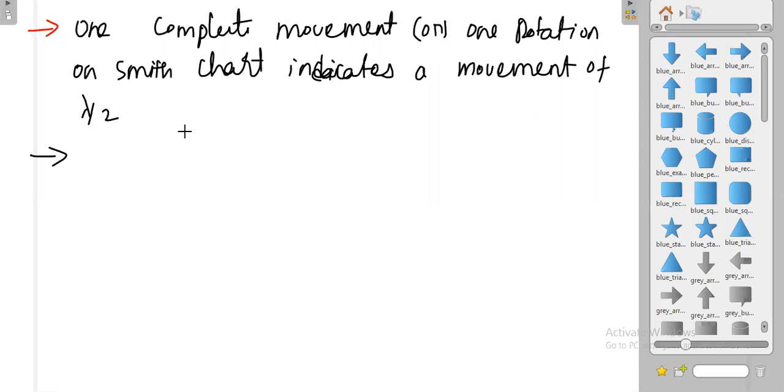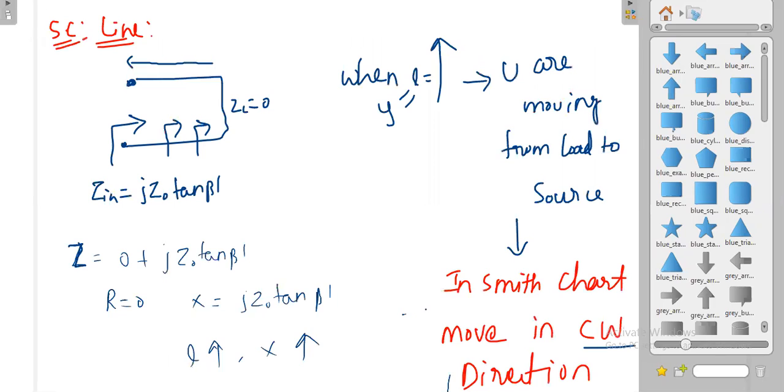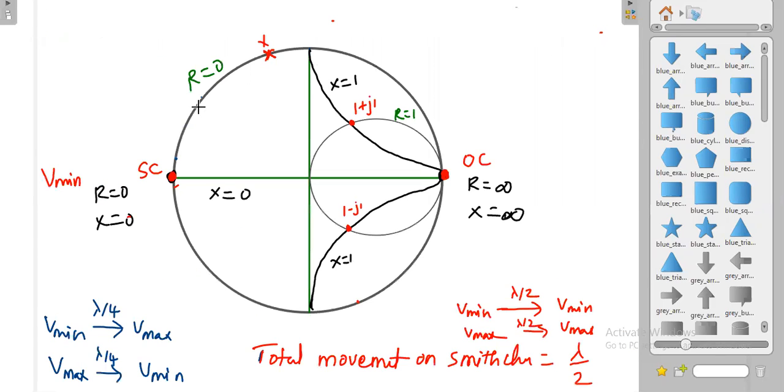Next, clockwise movement on a constant R circle indicates adding of inductive reactance. If you have a constant R circle and you are moving in a clockwise direction, definitely you are adding reactance. But that is true for the upper portion, because in the lower portion you are getting negative reactance.